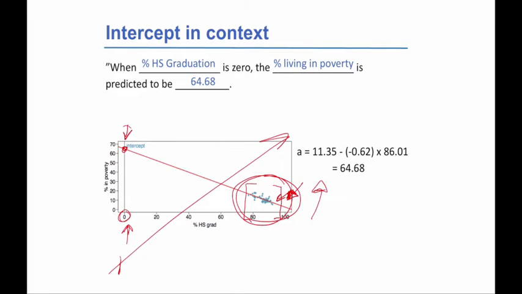So it may not be useful on its own, may not make sense on its own, but it makes sure that the line does fit the data for the range that we actually have data for.